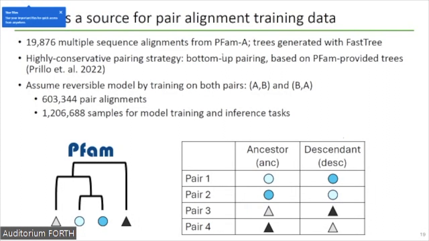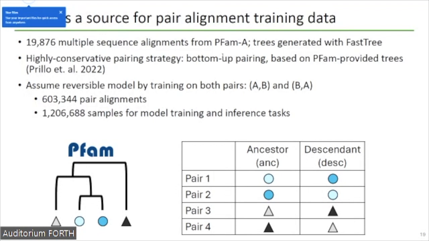I started with about 20,000 multiple sequence alignments from PFam. I also took the trees that were provided with the PFam dataset, with the caveat that they were generated with the FastTree algorithm. We took a highly conservative pairing strategy approach from Frillo et al. 2022, where we start from the bottom of the tree and select the closest family members together as pair alignments, and we work our way up the tree to exclusively pair sequences together.